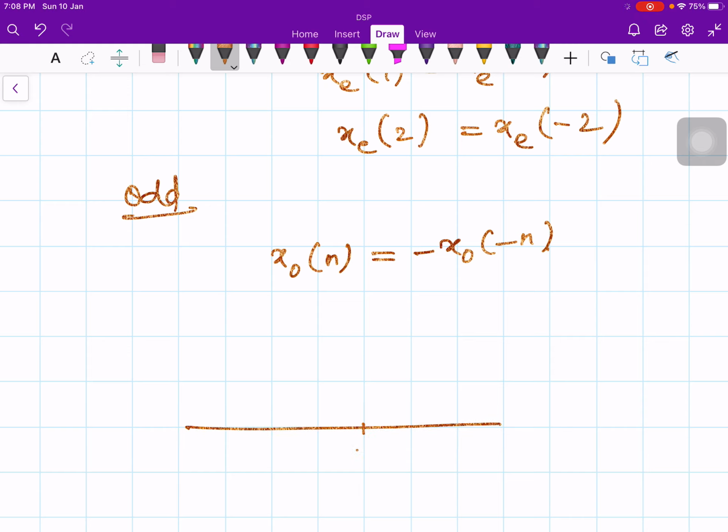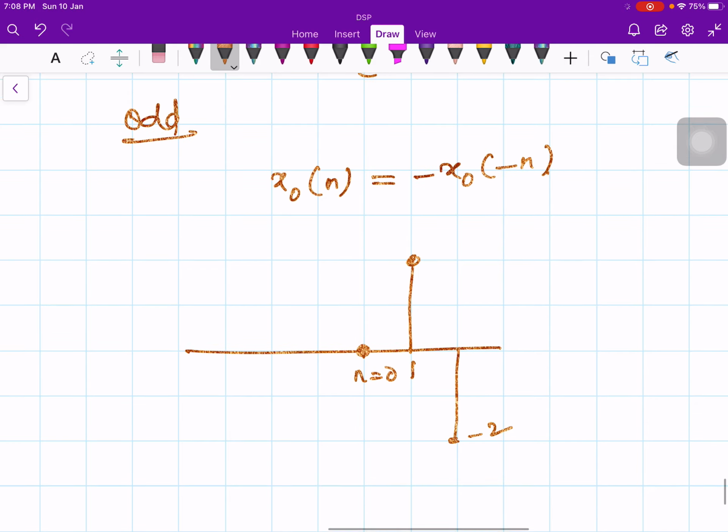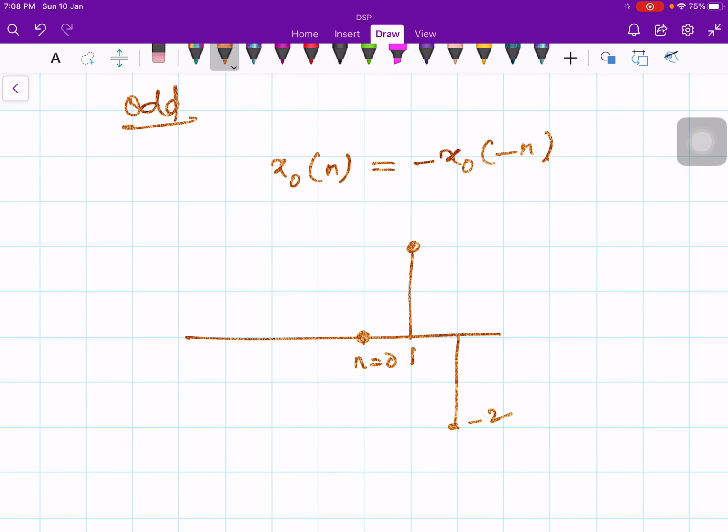Okay, so in other words, it is like this. At n equals 0, you say the value is 0, let's say. At n equals 1, let's say this is 2, and at n equals 3, let's say minus 2. What you do is, at n equals minus 1, it takes the minus of that value, and at n equals minus 2, it takes plus 2. So now you should ask the question, what should be the value at n equals 0?